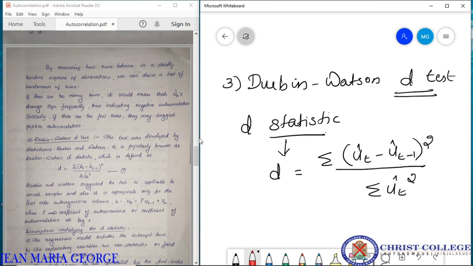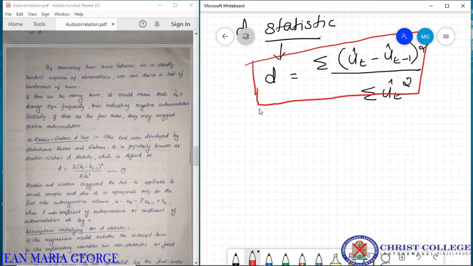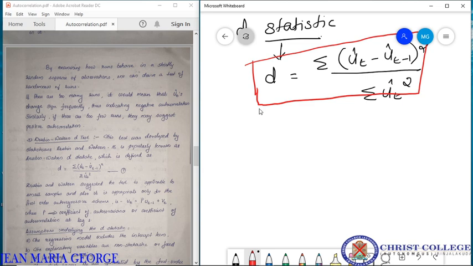This is the equation for finding the Durbin-Watson d-statistic value, and let us look at how the test is applied. Usually this d-statistic method is applied for small samples and also mainly for the first order autoregressive scheme, that is the AR1 scheme.